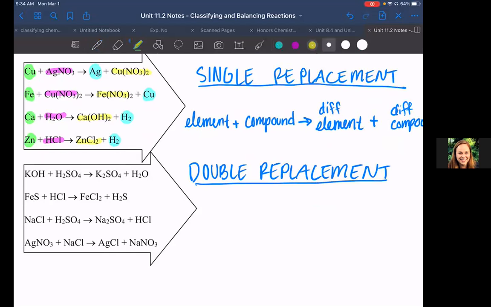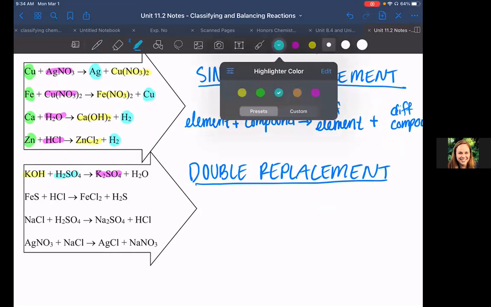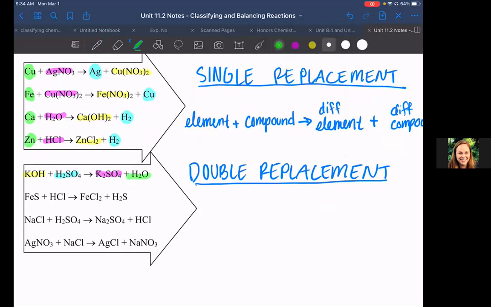If we break this thing down, for the first one, we have potassium hydroxide, a sulfuric acid here, and then we have potassium sulfate and water. So we have 4 different types of compounds going on here.